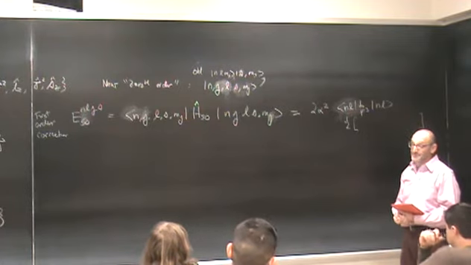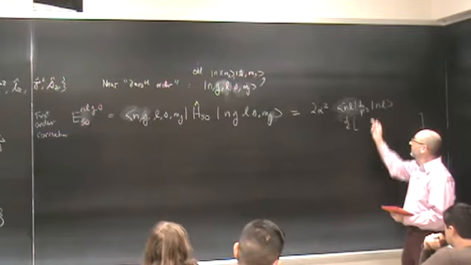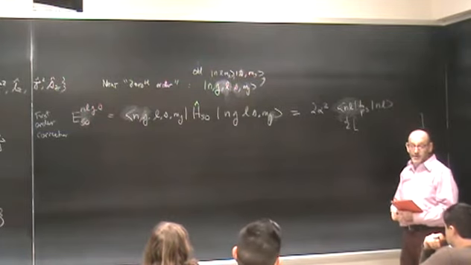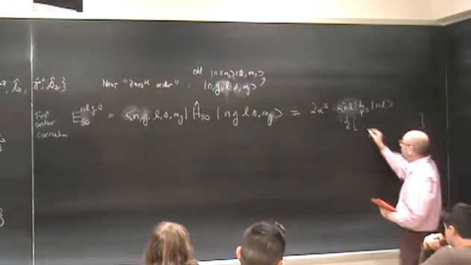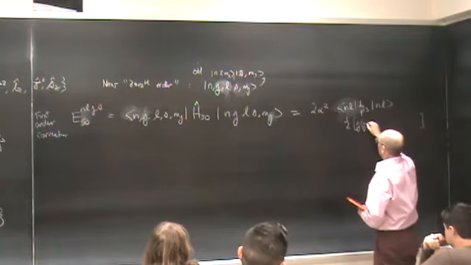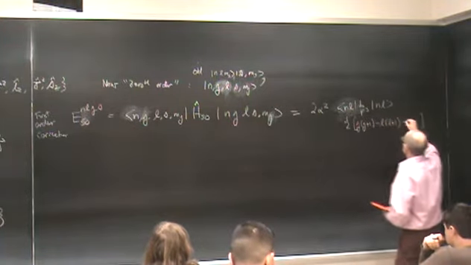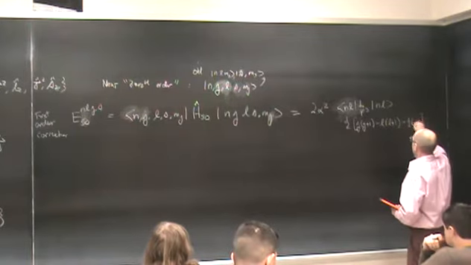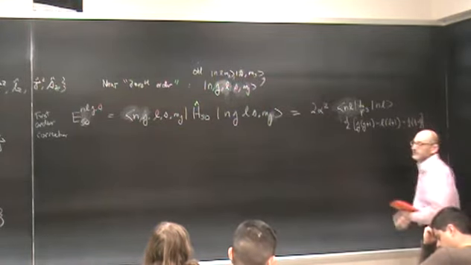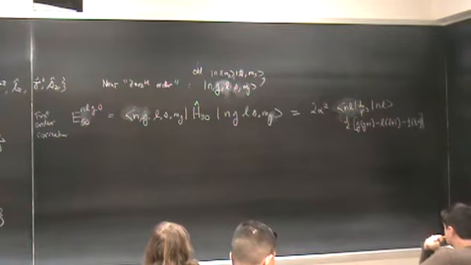Thank you. Because it's an eigenstate of J squared with eigenvalue j times j plus 1. So we have j(j+1) minus l(l+1) minus s(s+1), which is a half plus 1, which is 3/4.